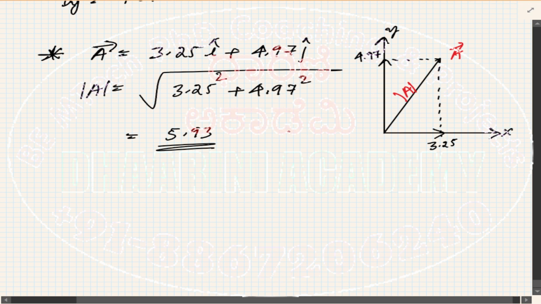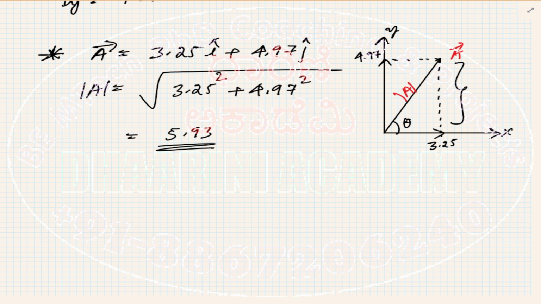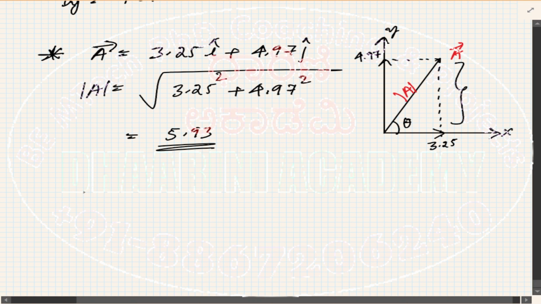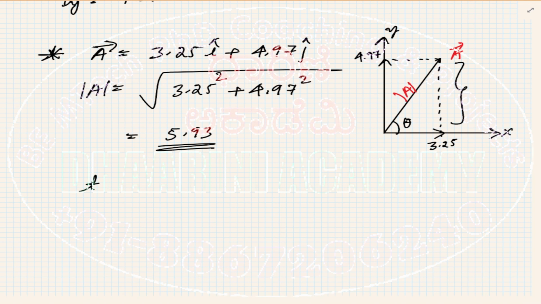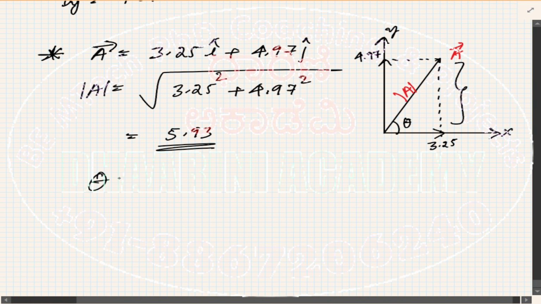Coming back to the magnitude of A, that is the distance, and the angle theta. Let's write this as theta. Theta can be found: I know this distance and this distance, which means it's a tan ratio. Theta is equal to tan inverse of the AY component by the AX component.